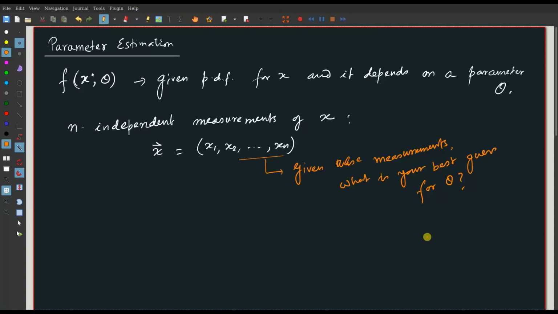You always do these things. In most cases you never measure the parameter directly. What you measure are quantities that depend on that parameter, which I call theta, and looking at the pattern in those measurements, you try to guess the value of theta. Okay, for example, go back to the measurement of Young's modulus.